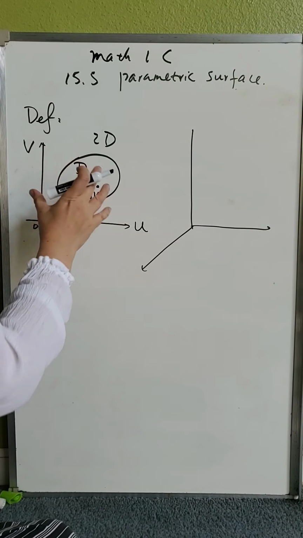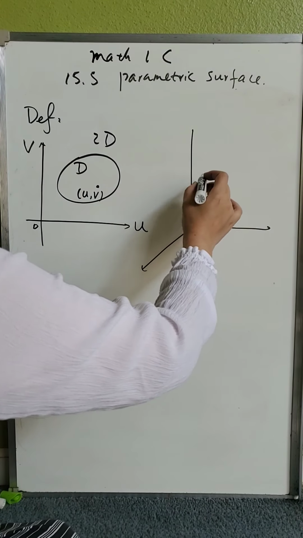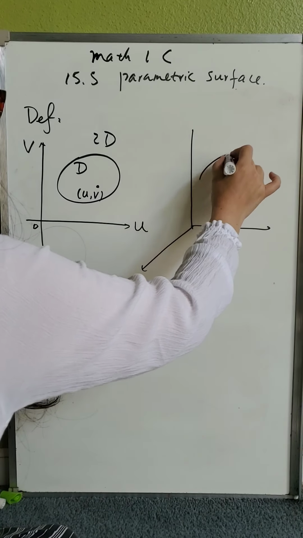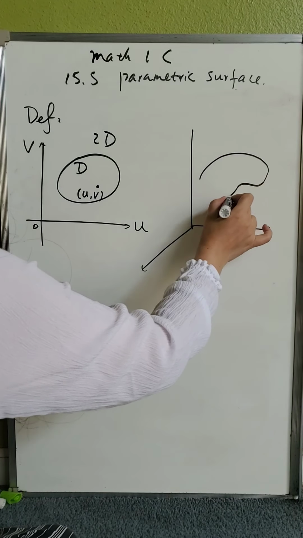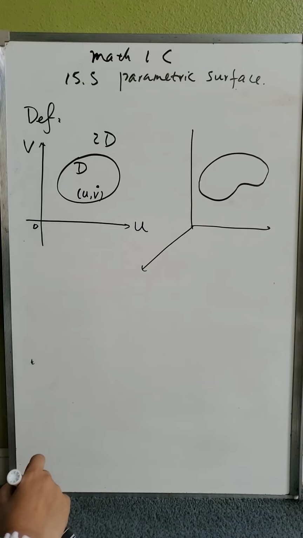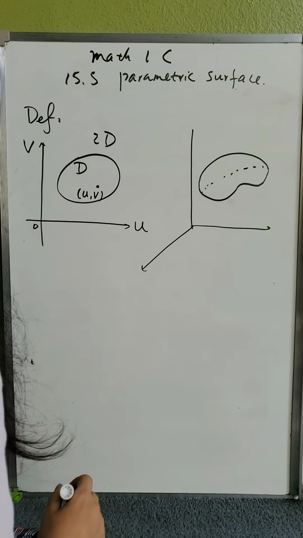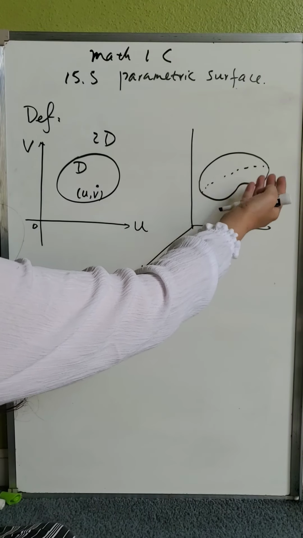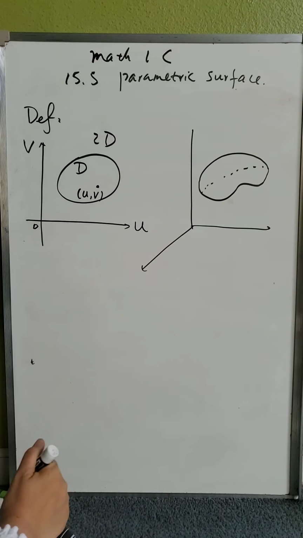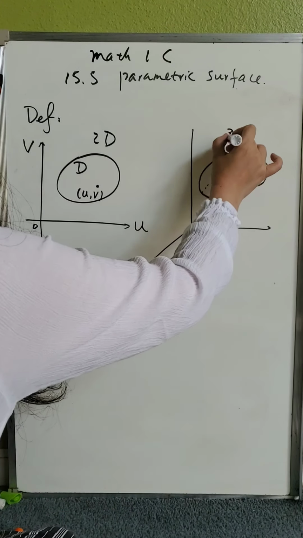This is the two-dimensional look, okay. In three dimensions, it can look like this. So this is the 3D looking, okay?